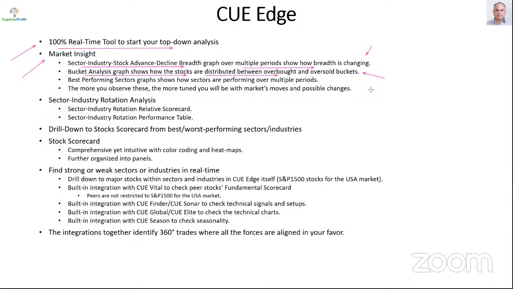We take all the stocks and distribute them into 10 equidistant buckets, depending on where they are in their Bollinger Bands. If it is at the lower Bollinger Band, we put it in bucket 1, upper Bollinger Band, bucket 10. All stocks above the upper Bollinger Band go in the greater than 10 bucket. All stocks below the lower Bollinger Band go in the less than 1 bucket.